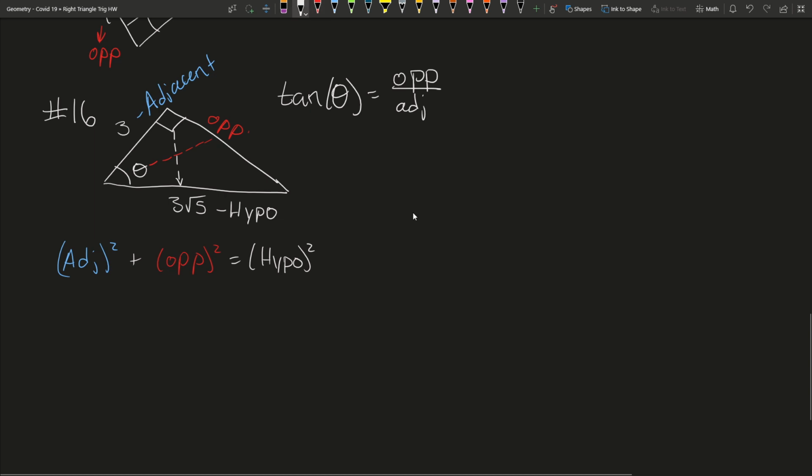Then we substitute in what we know, and we solve for what we don't. So 3 squared is 9. We still don't know the opposite squared.